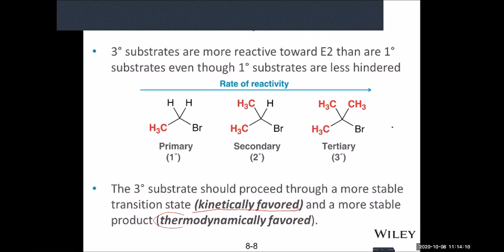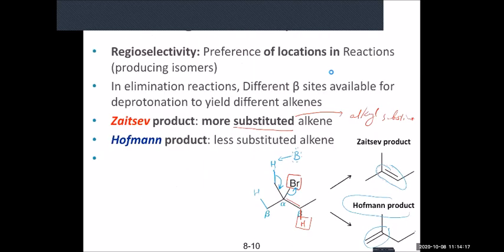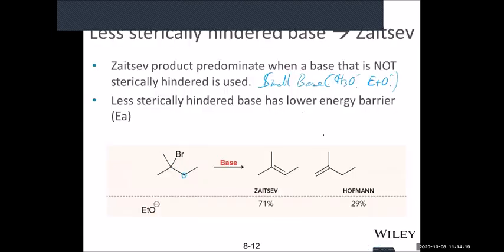So the reaction happens on the carbon with more carbons attached, because we're taking away the proton from this carbon, this hydrogen, by the base. And because the more substituted alkene is more stable, you get the Zaitsev product as the major product.